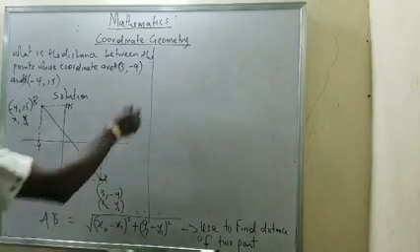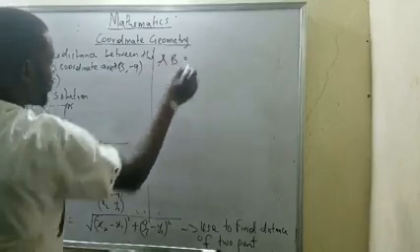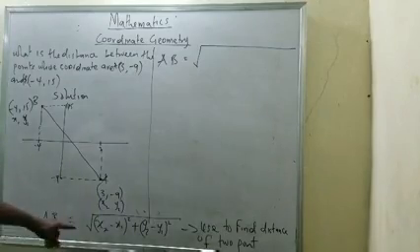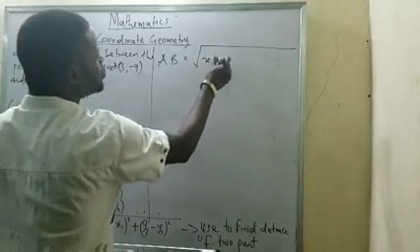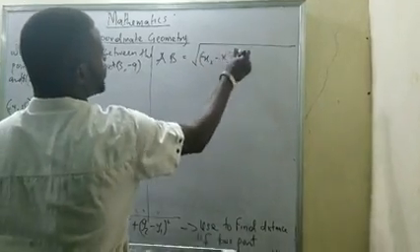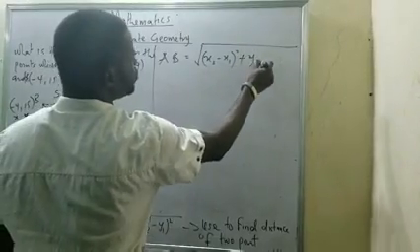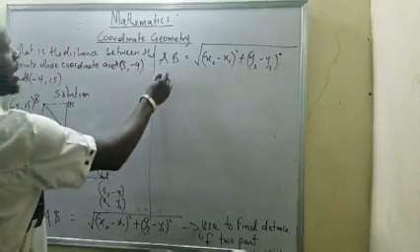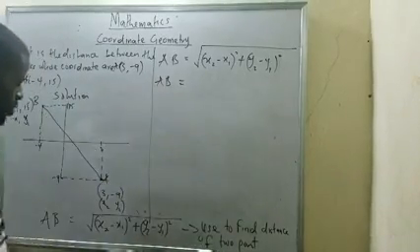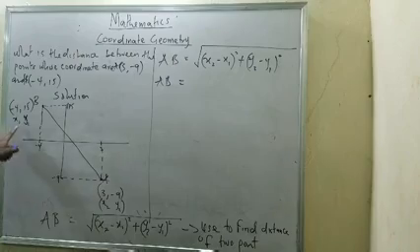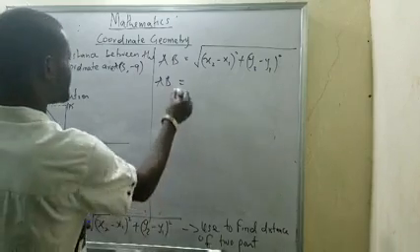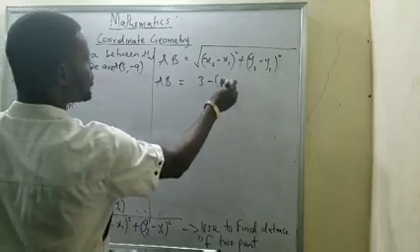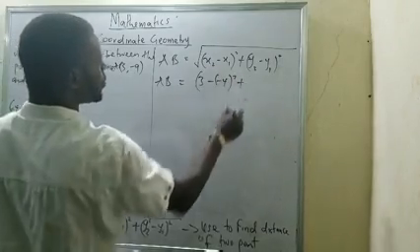My distance of AB equals root of, which I've done. x2 minus x1 all squared plus y2 minus y1 all squared. Okay, my AB equals, what is my x1? What is my x2? It means I will have 3 minus, this is minus 4, plus this one also, y2.